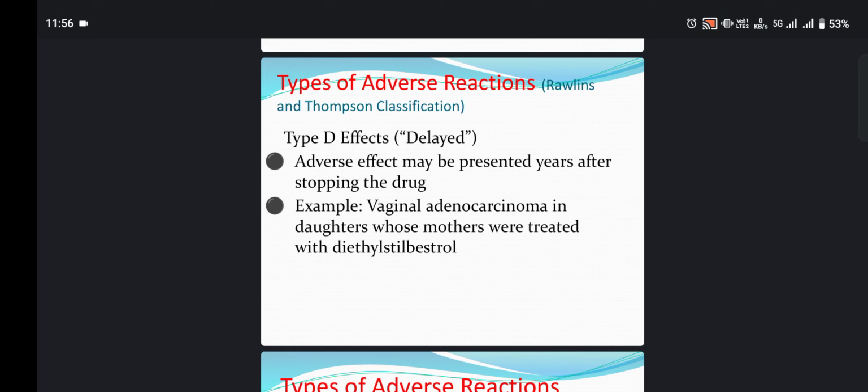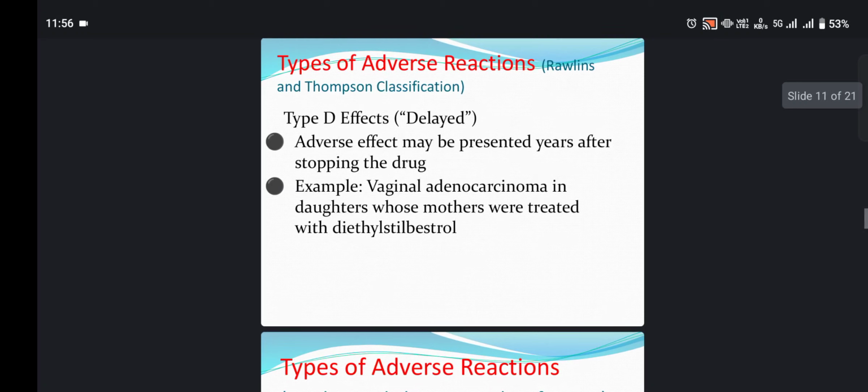So the patient is having a drug for a particular period and he has stopped that drug, but after a few months or few years, the patient may develop an adverse reaction because of that drug. For example, vaginal adenocarcinoma in daughters whose moms were treated with diethylstilbestrol.